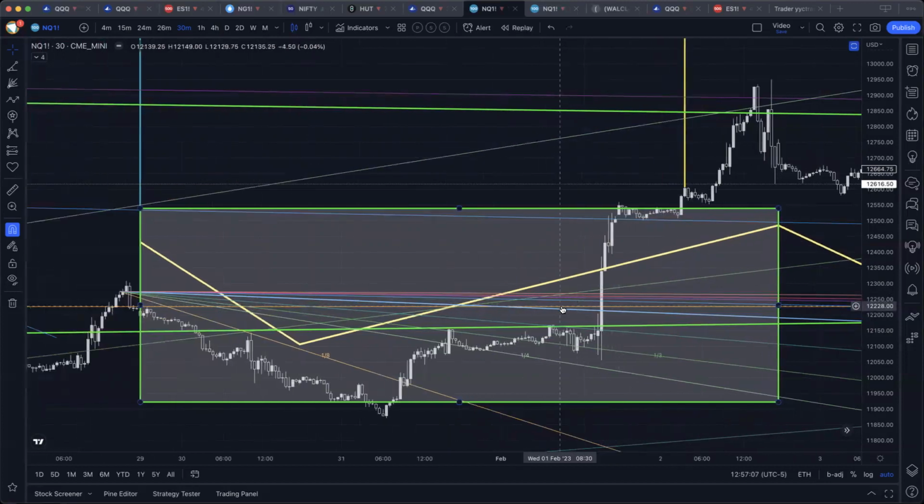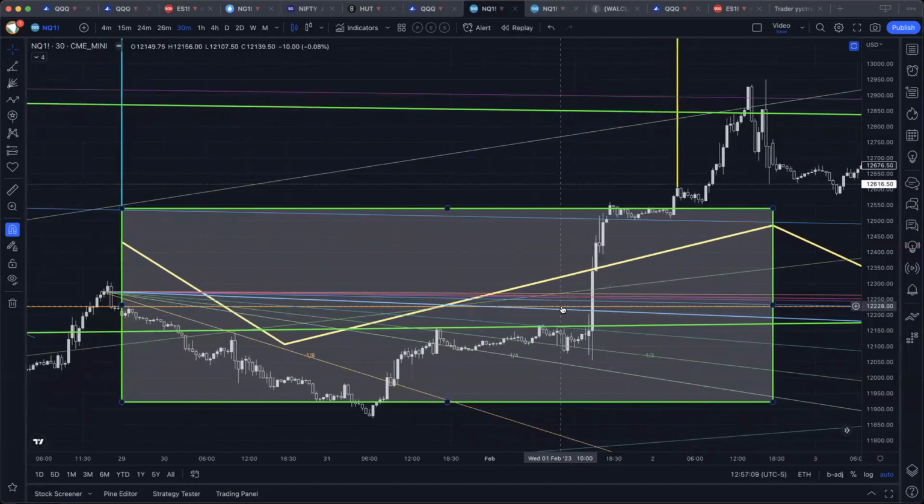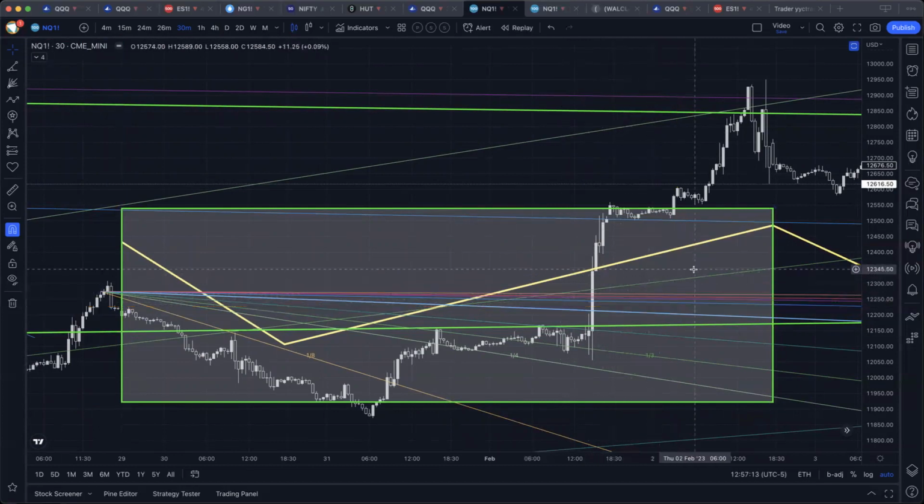So what I'm finding is that this structure-first trading is really helping me to stay in trades longer and also make better timing decisions about when to change sides.